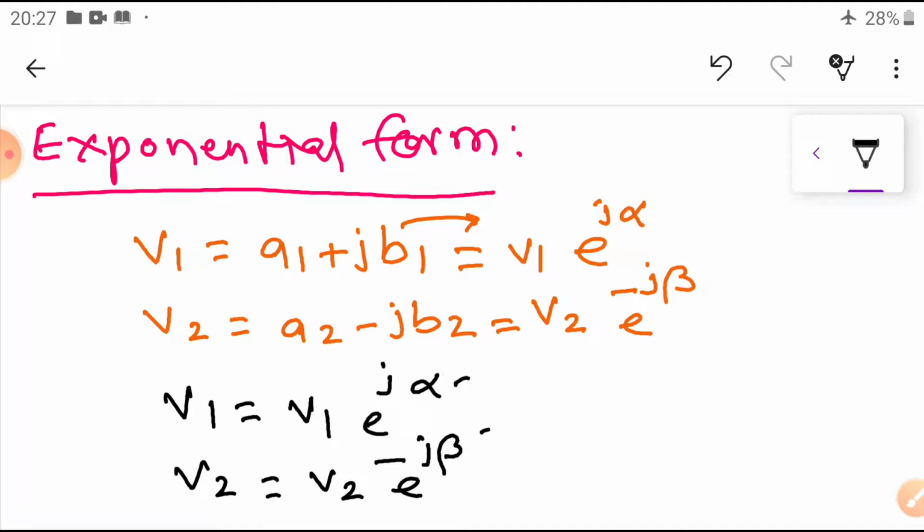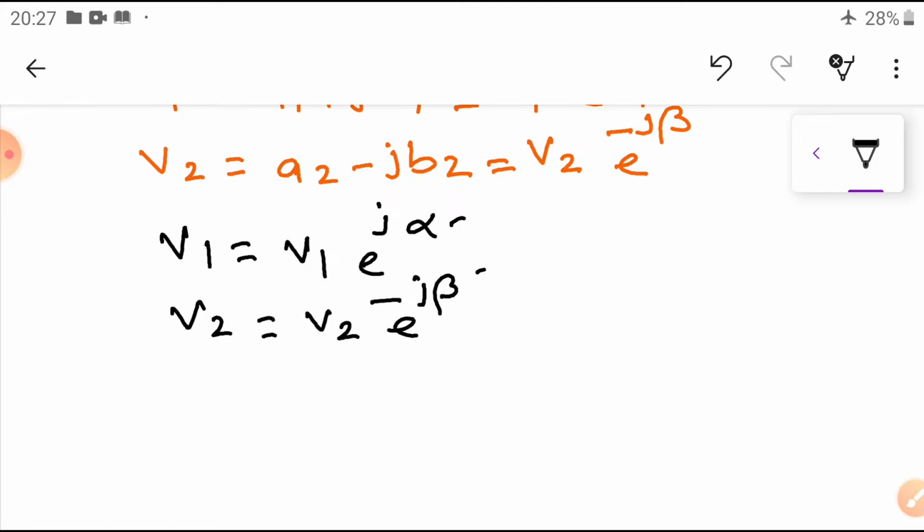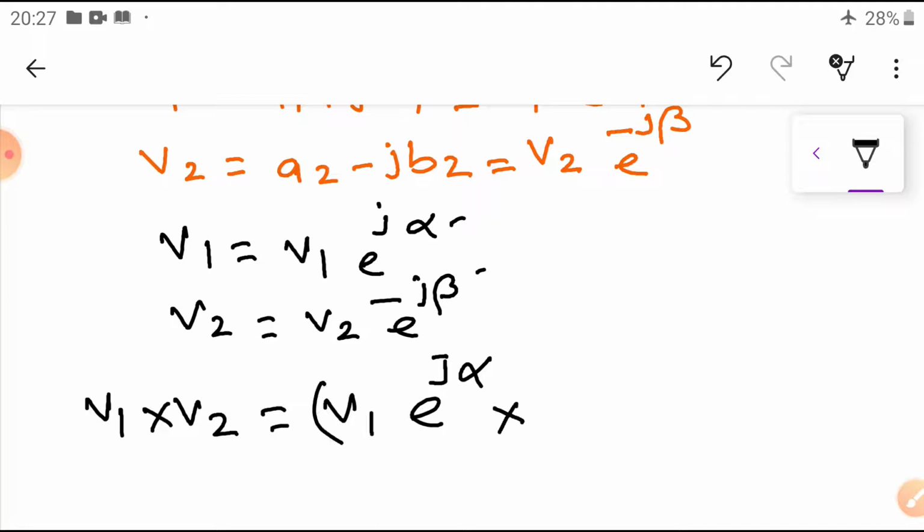Now, I want to multiply them. So, here V1 into V2. What is V1? V1 e to the power of j of alpha into V2 e to the power of minus j of beta. Whatever the values come, just multiply them.